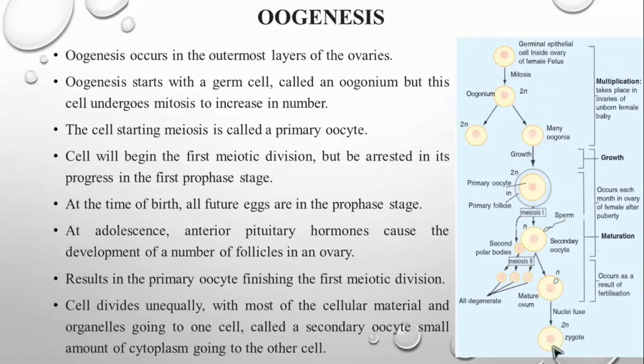This zygote formation, most probably 99% of the time, is called fertilization. It takes place in the fallopian tube itself. After that, the zygote rolls down from the fallopian tube to the uterine wall with the help of the ciliated epithelial cells present on the surface of the fallopian tube.